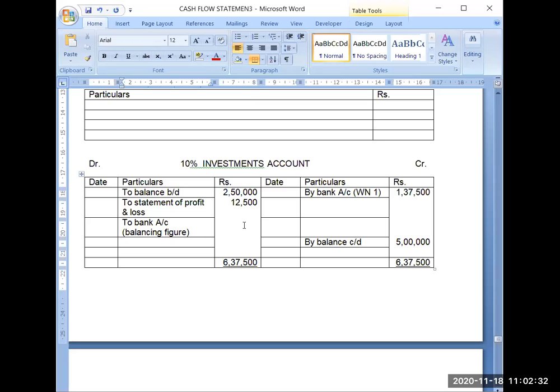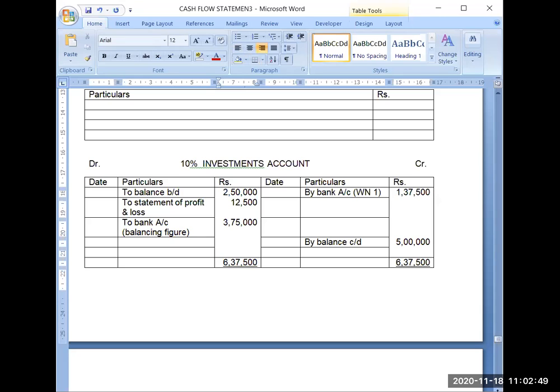So the balancing figure will be 3,75,000. Now you can check the total also. Yes, so it will be 3,75,000.